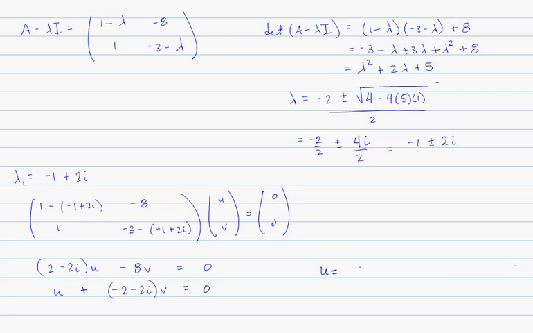So u then is equal to 2 plus 2i times v. So if v were 1, then I'd have 2 plus 2i would be u, and thus my eigenvector.